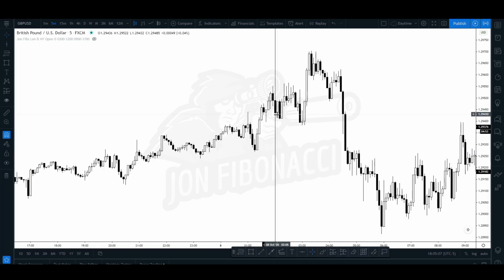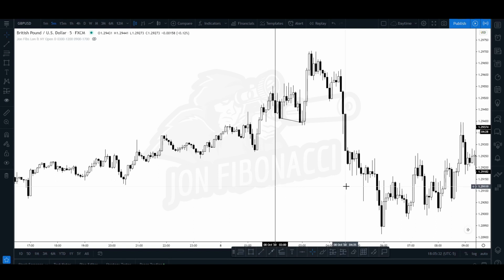So right here, right at 2 o'clock in the morning Central, is London for me, and then price makes a low, comes up, creates these highs, and then comes down, and the candles start closing below. Most traders would look at this, the bodies here to the bodies lower here, as a break of structure.